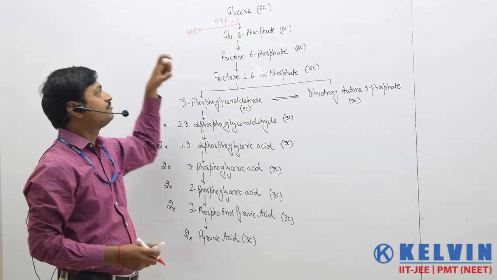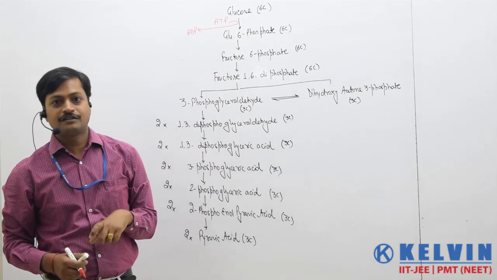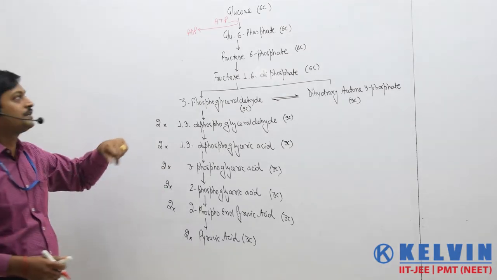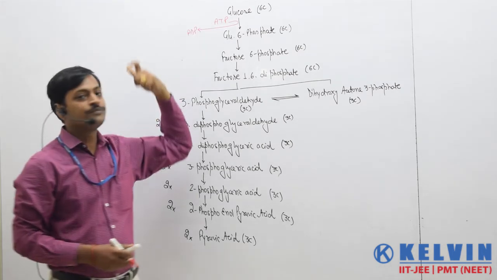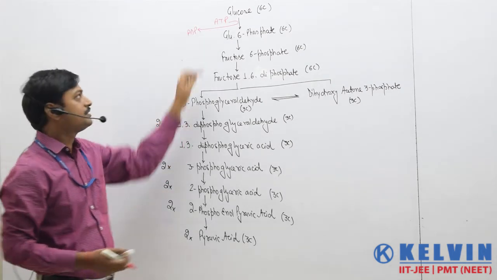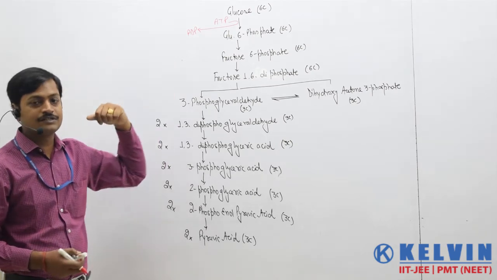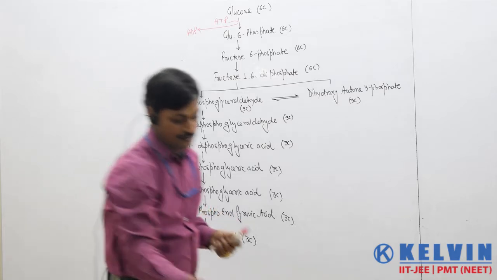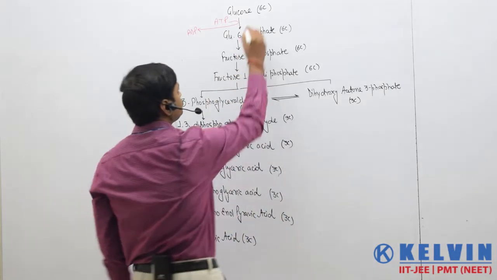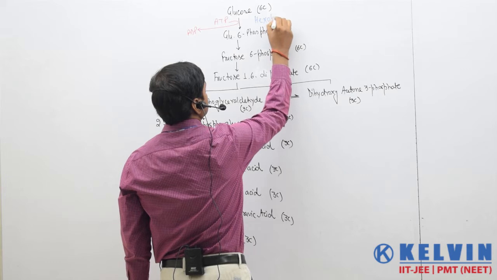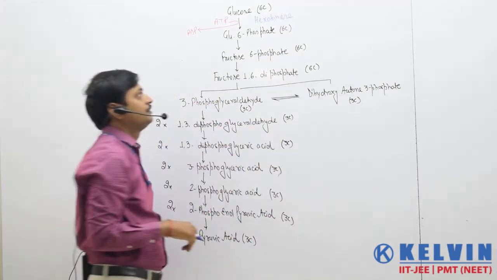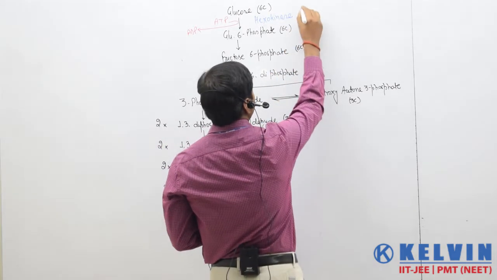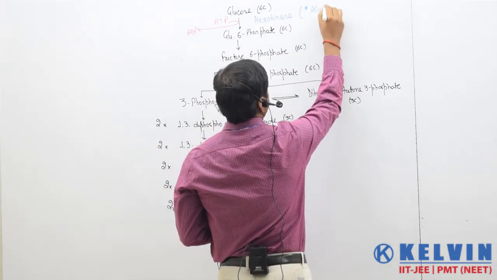Because that phosphate comes from the substrate, this step is substrate level phosphorylation. So first of all, 1 molecule of ATP is used in substrate level phosphorylation for the formation of glucose 6-phosphate from glucose. The compound will be of 6 carbons, the same. The enzyme used in this step is hexokinase, and it's an allosteric enzyme.